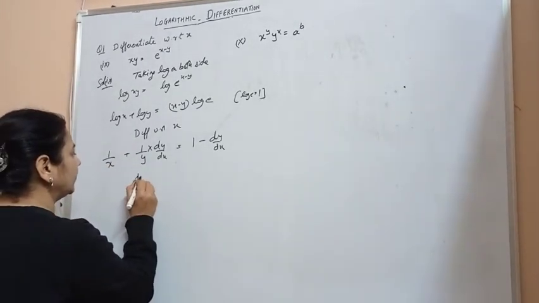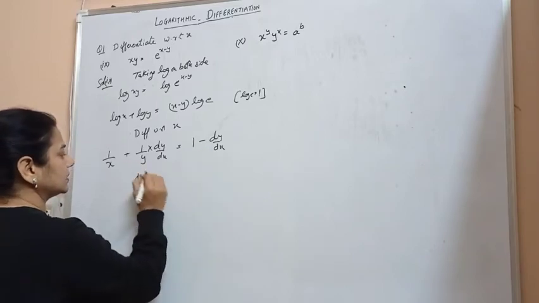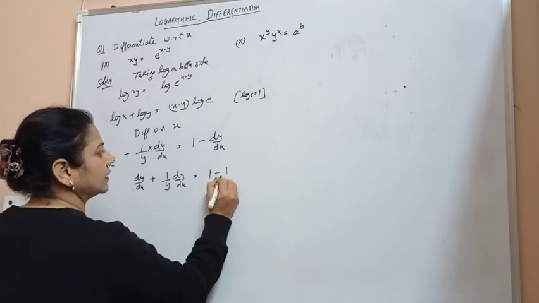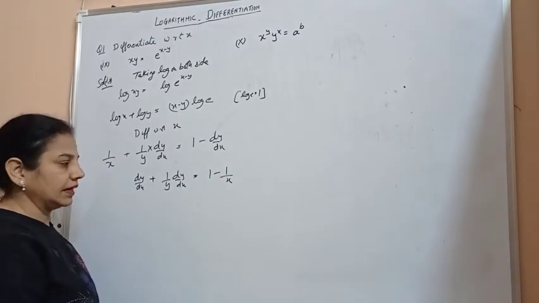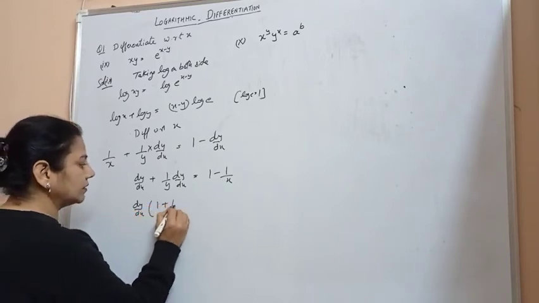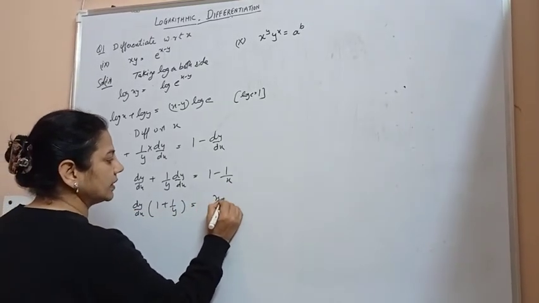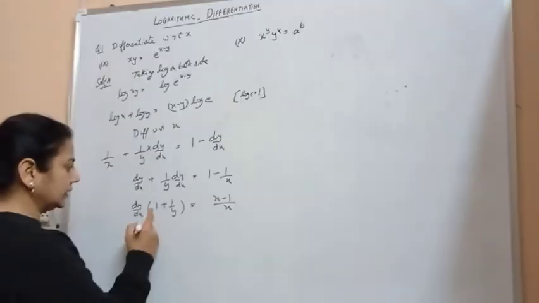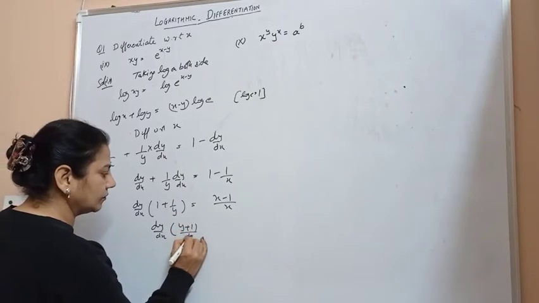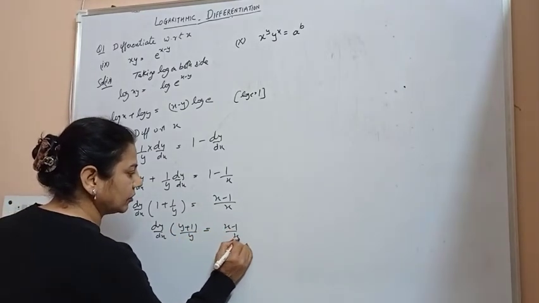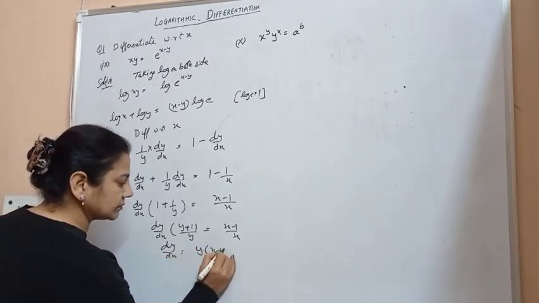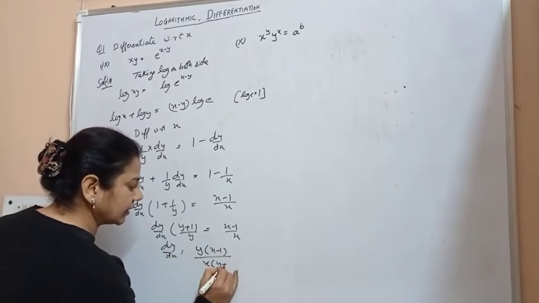So dy by dx comes this side, plus 1 upon y dy by dx is equal to 1 minus 1 by x. Take dy by dx common: 1 plus 1 upon y. Here I take the LCM, (x minus 1) upon x. Again take the LCM, dy by dx, I get (y plus 1) upon y is equal to (x minus 1) upon x. So dy by dx is given as y times (x minus 1) upon x times (y plus 1).